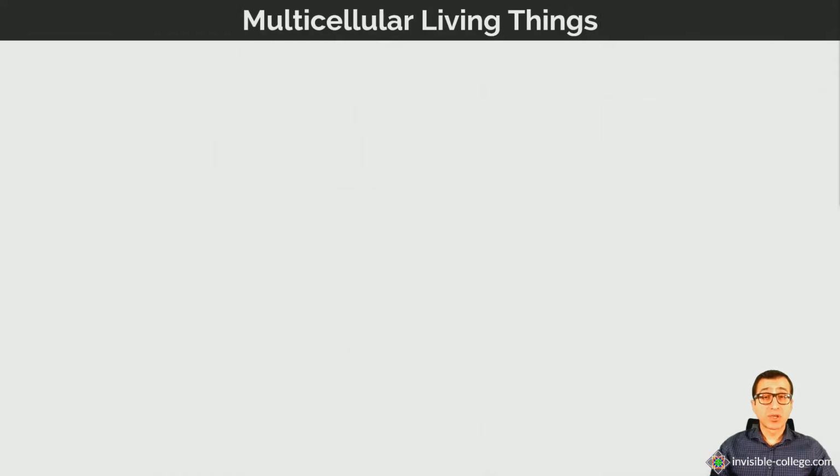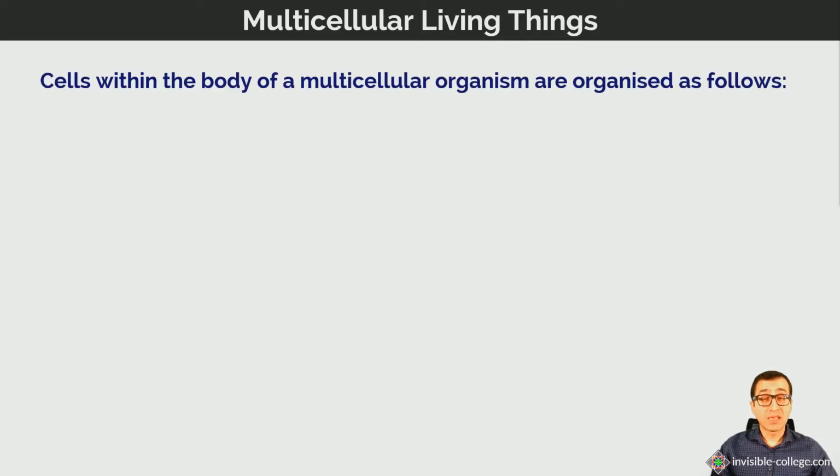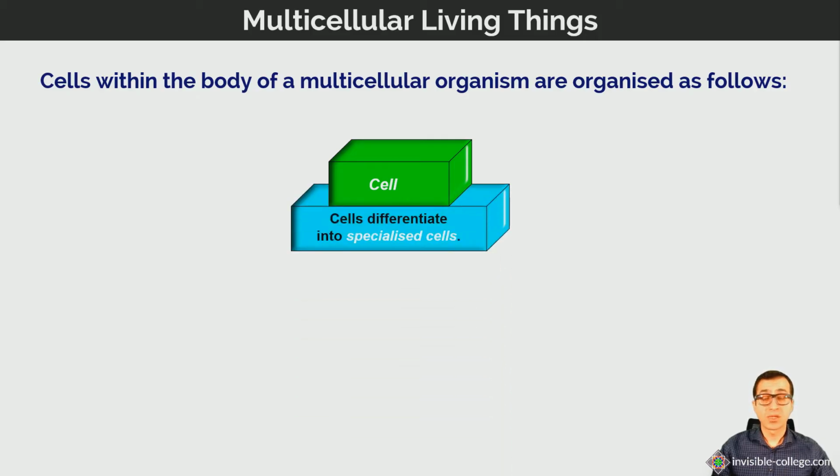So cells within the body of a multicellular organism are organized as follows. So you have the fundamental building block of life itself, the smallest living unit of matter, the cell. Cells then differentiate into specialized cells, as we saw in that previous lesson on differentiation and specialization in the last topic.